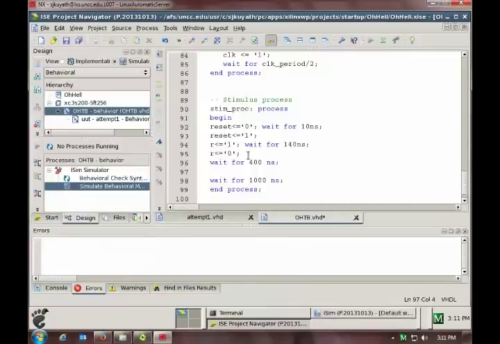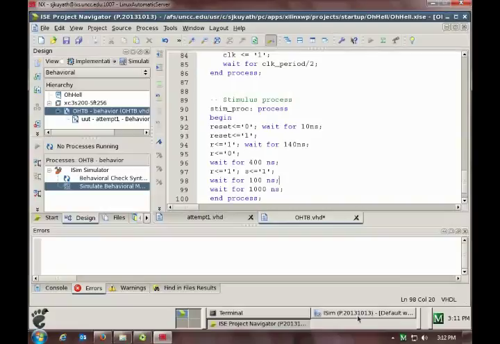So here I'm going to say R is assigned 1, S is assigned 1, and then I'm going to wait for 100 nanoseconds again, which is one whole clock period, and they should go low.